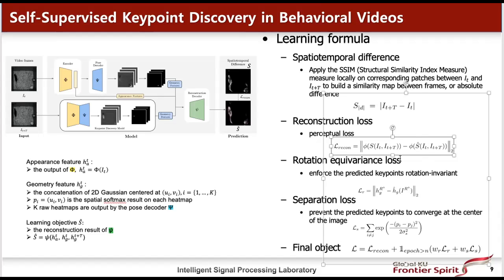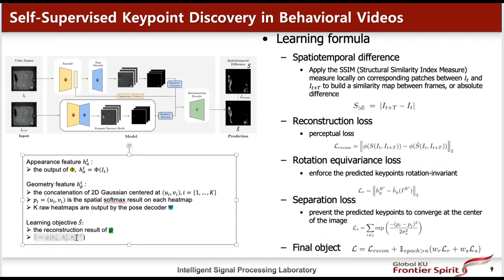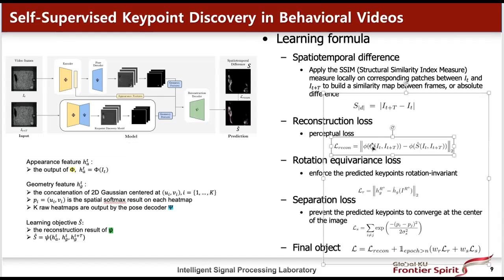Actually not. The S hat we can see here, S hat is the output of the reconstruction. No, never mind about S hat. I'm talking about just S on that term, the left of it, right there. The S. Right, that's just the L1 loss. Yeah. Right, and then you feed it into phi, right?